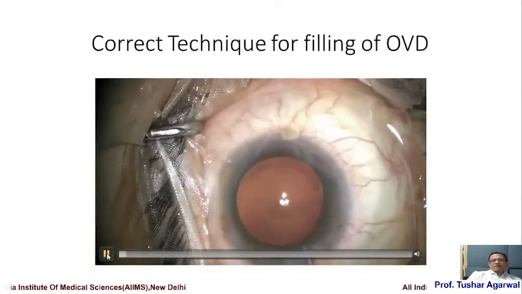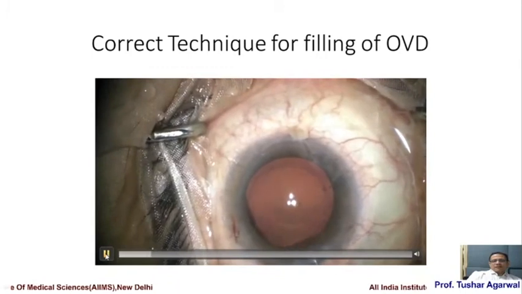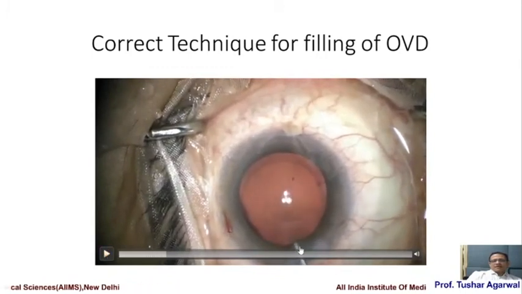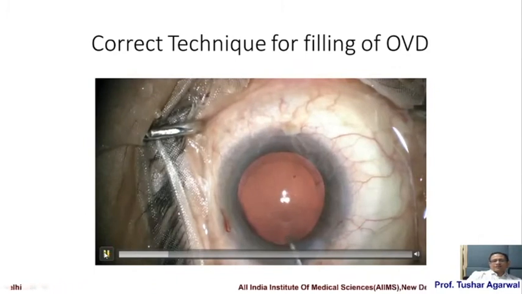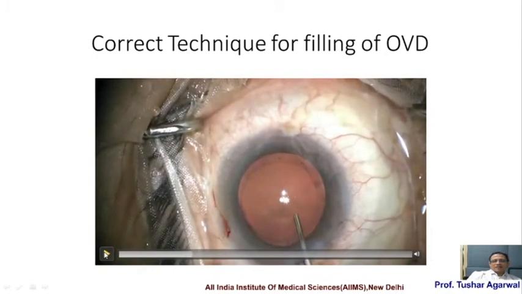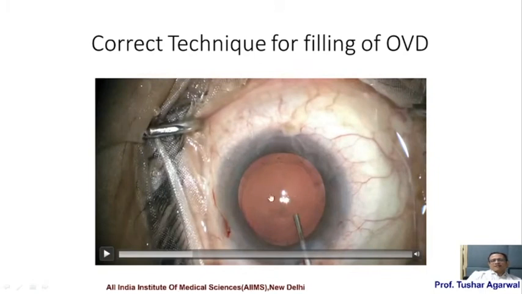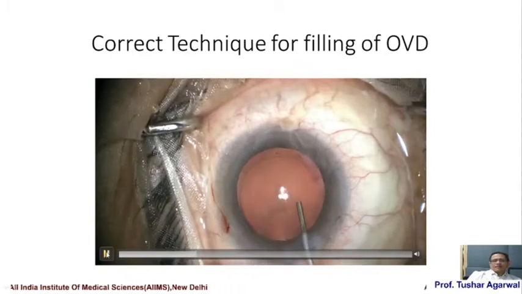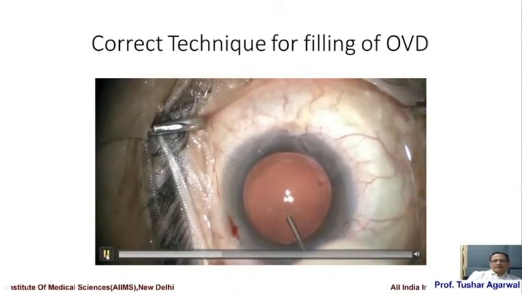So what's the optimal fill? You advance the cannula gently into the eye. You first inject a little bit of OVD here to keep the iris away, push back the posterior capsule if it is coming anteriorly, and then you start to inject in the center, pointing the tip of the needle in various directions. What you will see is once the bag starts filling, the rhexis margin will start to expand, and you keep injecting till the margin keeps expanding.